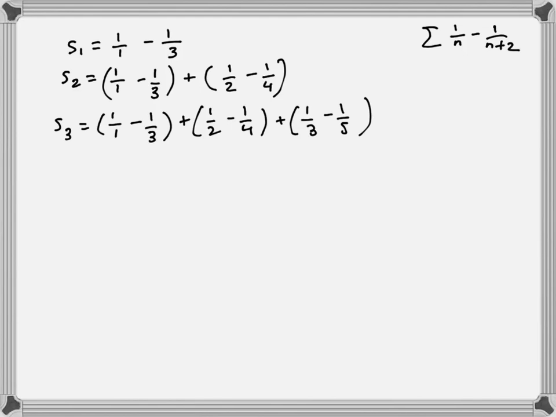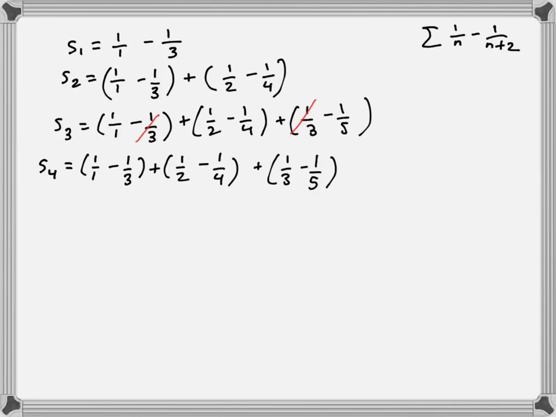We notice something. Do you guys see that the minus 1/3 cancels with the positive 1/3? So this is really cool. Let's see what happens if we keep going. What would S4 be? 1 over 1 minus 1/3 plus 1/2 minus 1/4 plus 1/3 minus 1/5 plus 1/4 minus 1 over 6.